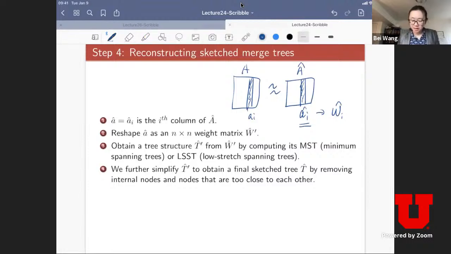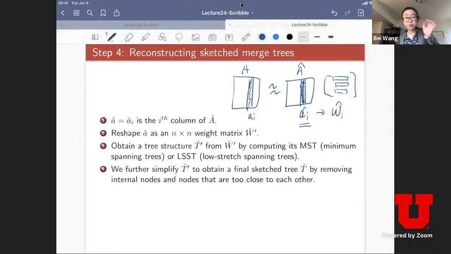What that means is that I take this long vector and reverse the linearization process by basically taking every n-sized chunk of it and formulating it back into matrix form. So that becomes a square matrix again, and I treat that square matrix as a weight matrix.